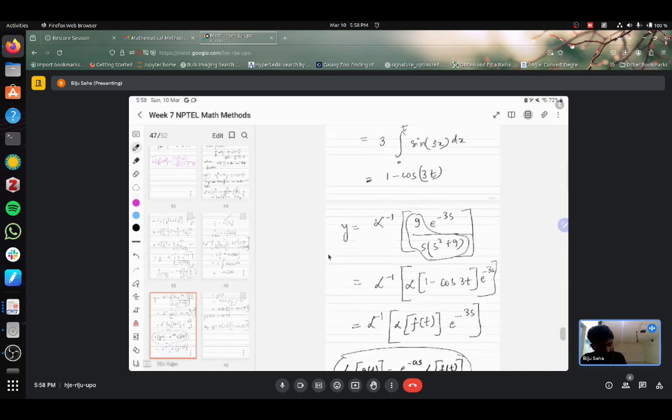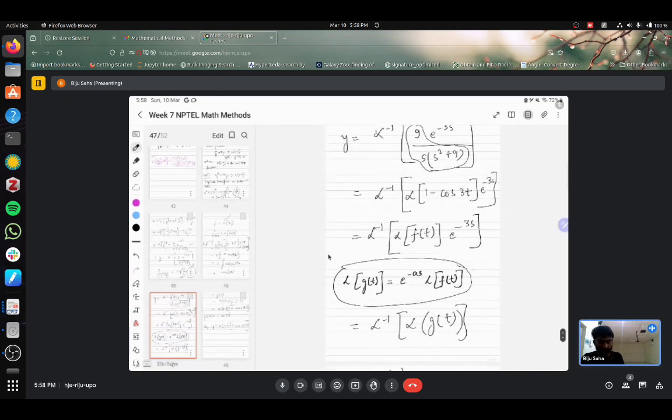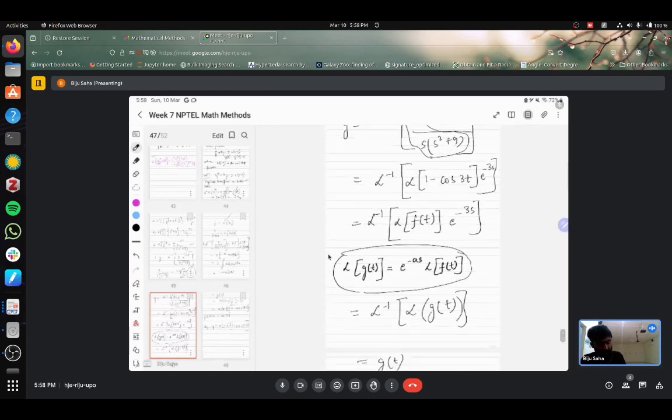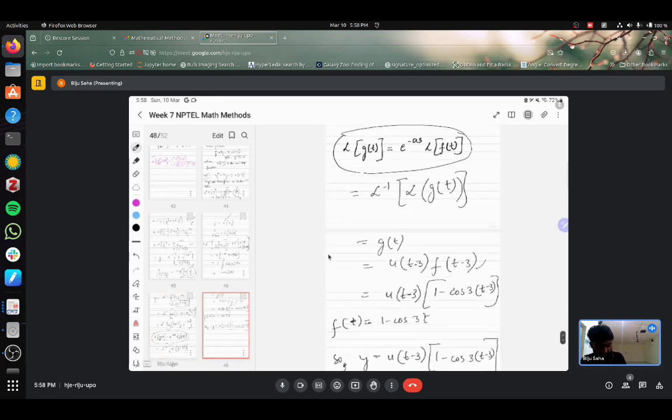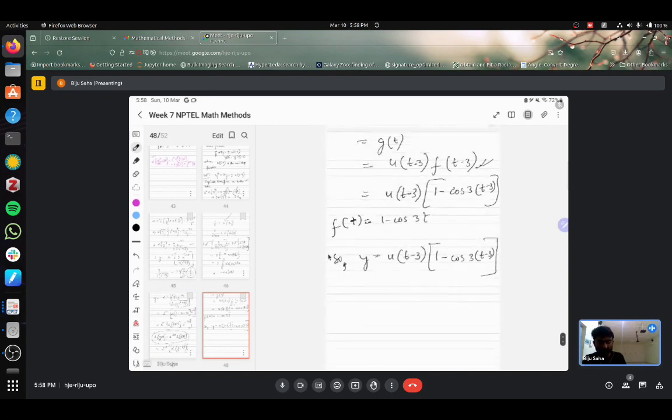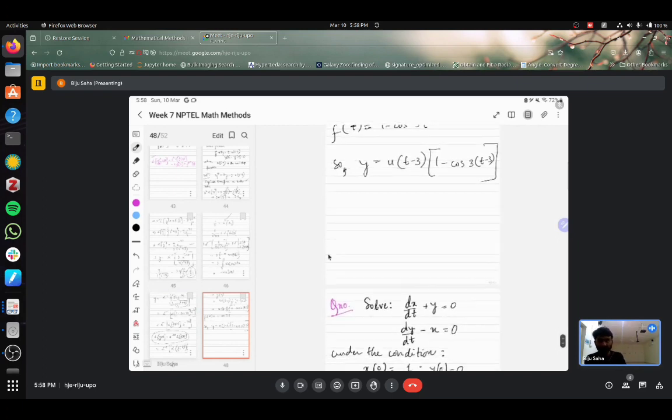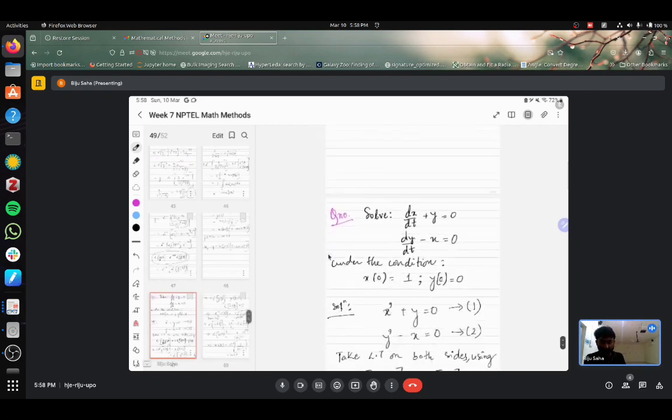And now we use the translational theorem. Using our translational theorem, we could easily conclude that whatever is lying inside is actually the Laplace transform of some other function g(t), which is given by this. So using that logic, we can say what is my value of y. The process of calculating the inverse Laplace transform is a bit hectic, otherwise it's very simple.